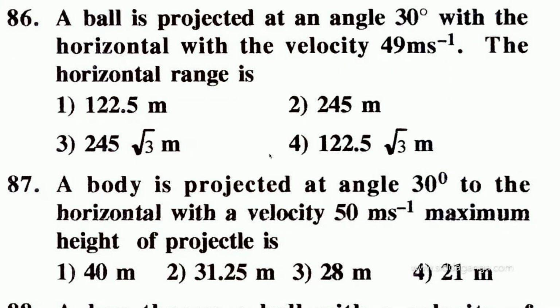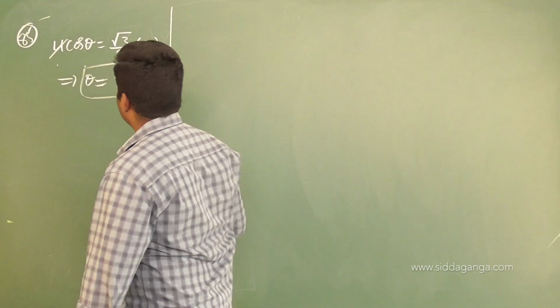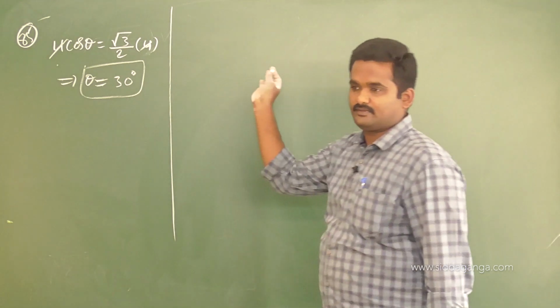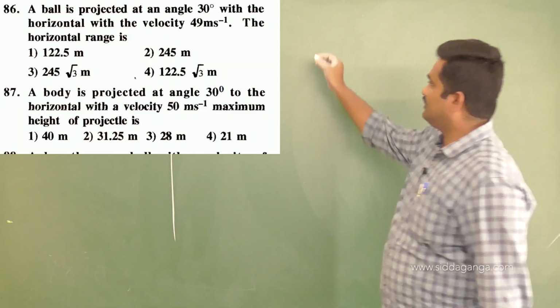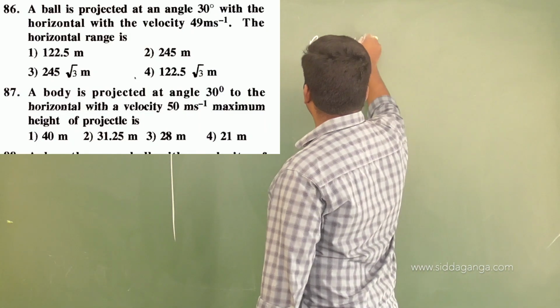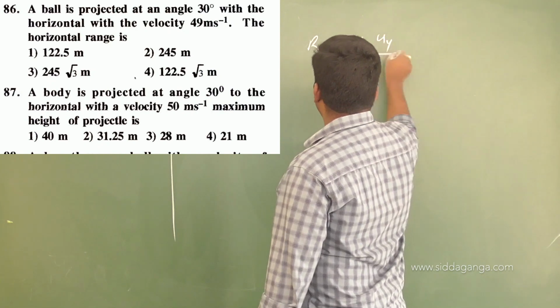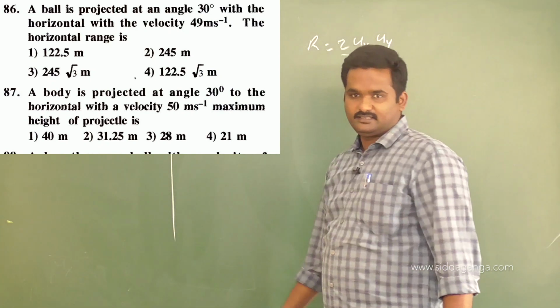A ball is projected at an angle of 30 with the horizontal with velocity 49. Then the horizontal range is? The formula for range is 2 into ux into uy by g, or u square sin 2 theta by g, isn't it?